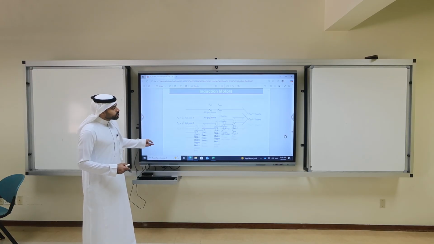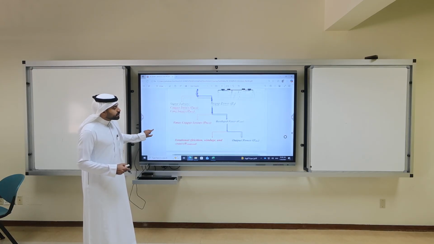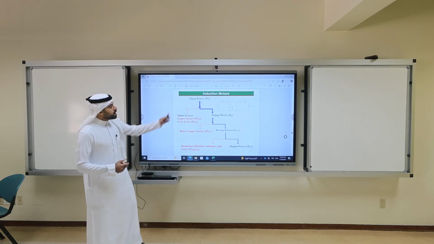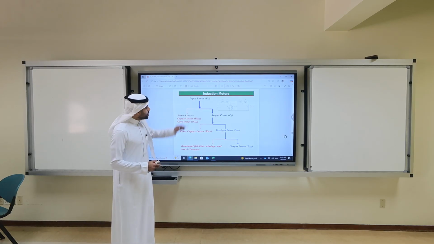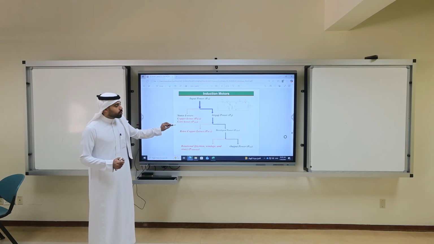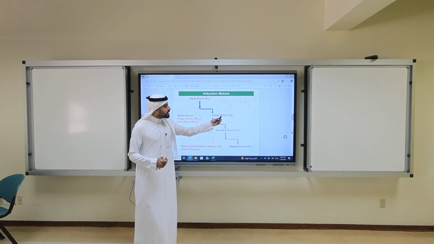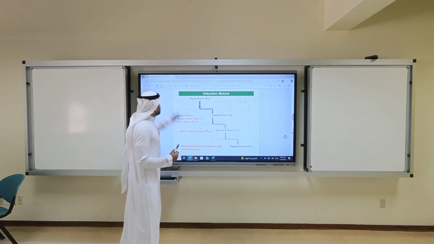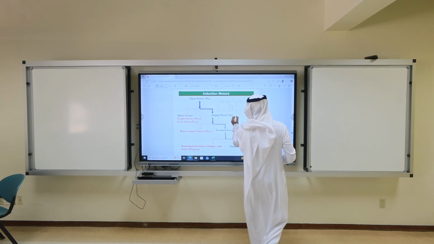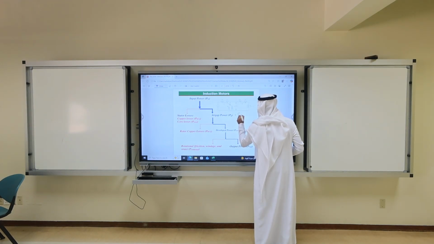We did talk about the power flow, and I told you the following. We start with the input power. Then we have some stator losses, copper losses and core losses. Then we have an air gap power P_G. We also call it in the example P air gap.